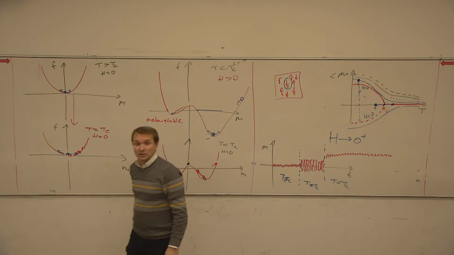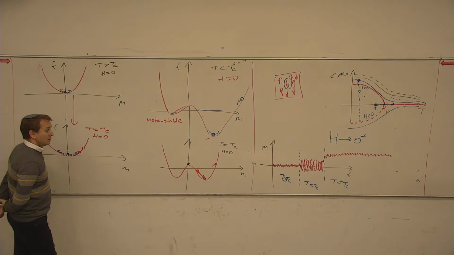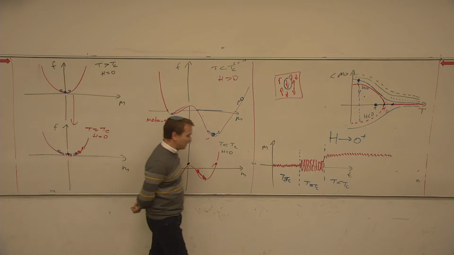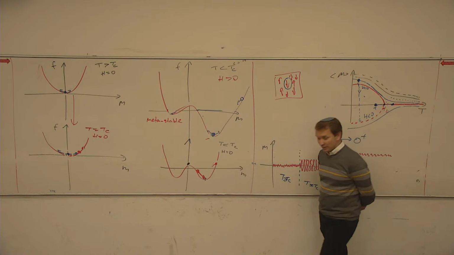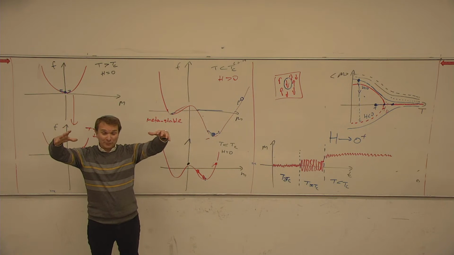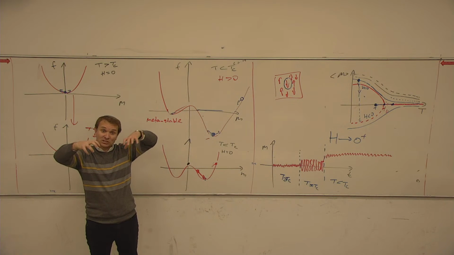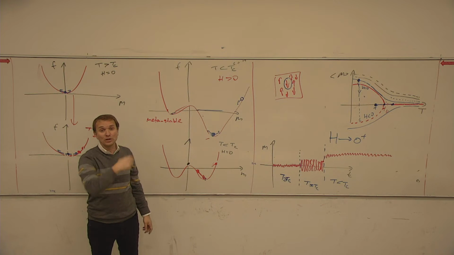Yes? Can we also see these phase transitions in higher dimensions? Like, are there two-dimensional phase transitions? So yes, if your order parameter, for example, is two-dimensional, and there are some models like that, you have to plot all of what I told you here in 2 dimensions and see the appearance or disappearance of minima in 2-dimensional space.